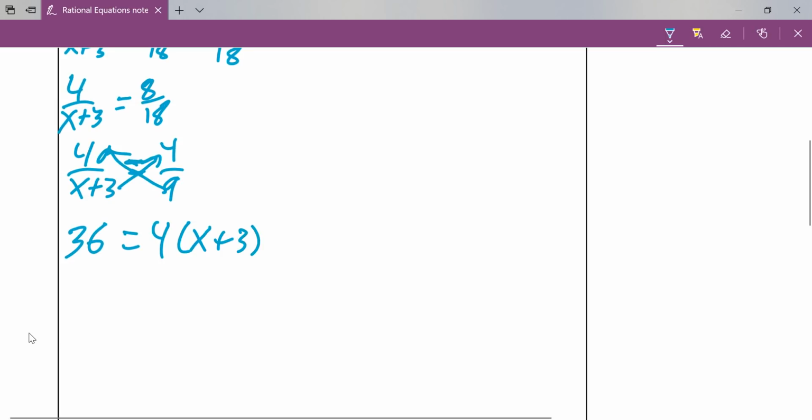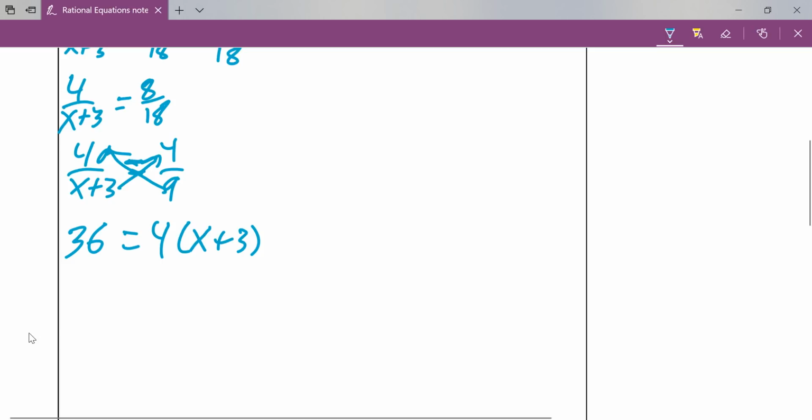And this is just a simplified way of saying, well, you could multiply x plus 3 by both sides and then multiply 9 by both sides to get the divisor out from both. But it's just faster to cross multiply and save yourself a step.